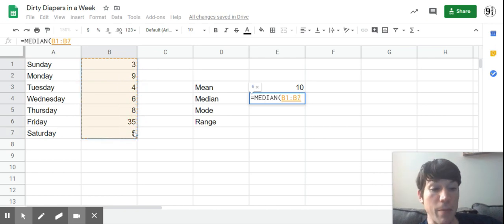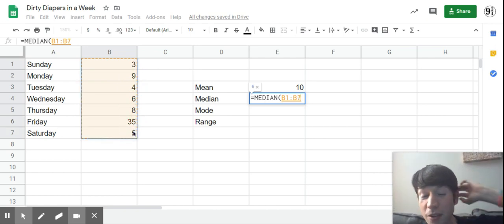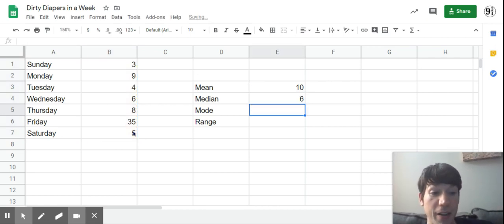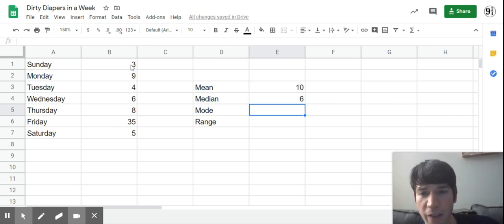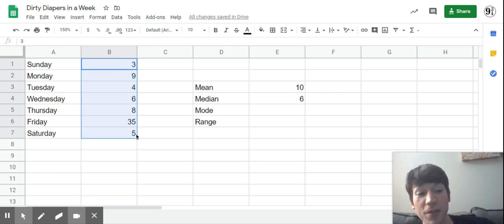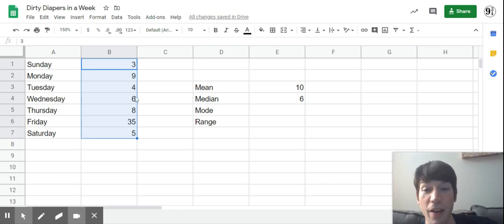Well, we want to take the median of all of these numbers. Now remember, because there's 7 numbers, there actually will be one in the middle. Press enter. It tells me that the median is 6. Again, if I had gone through and put all of these numbers in order from smallest to biggest, and then found the number in the middle, that number would be 6.